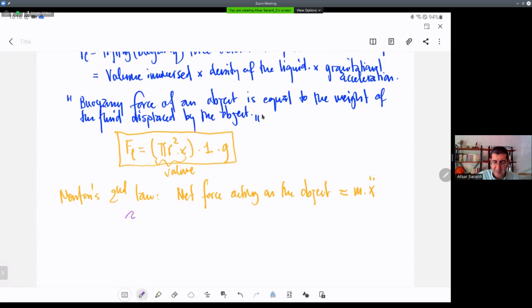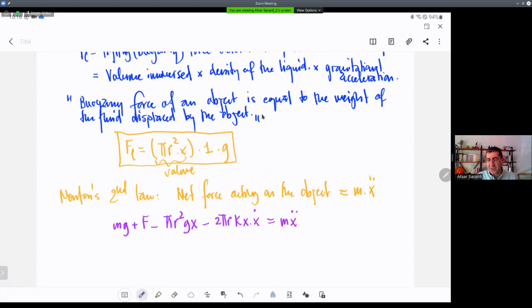That's going to be mg plus the external force F minus the two forces: pi r squared g x minus 2 pi r k x dot, and that needs to be equal to m times x double dot.